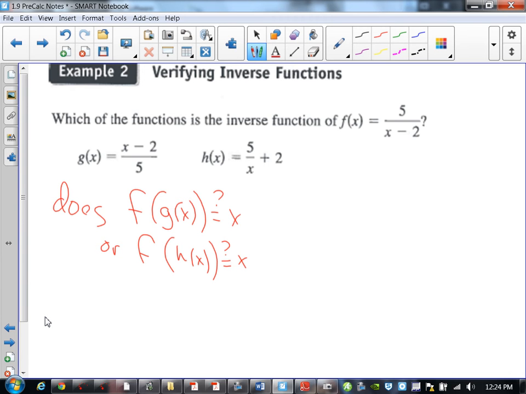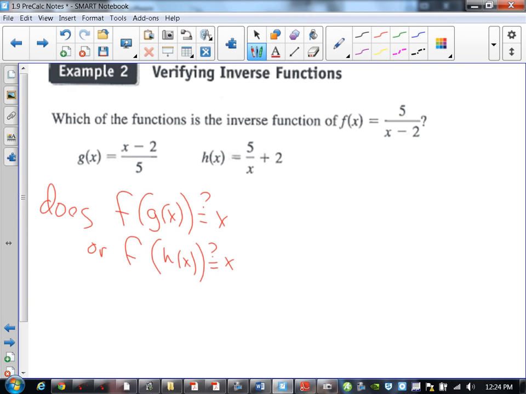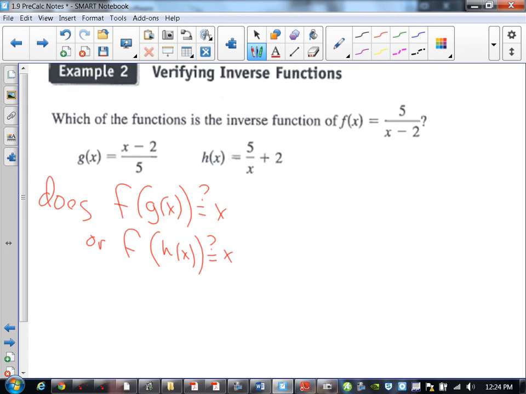When we're looking at it, remember how you work with these compositions. Write down the innermost part of it, and then surround it with the rest. If I start with the first one, I'm going to write down the g of x equation, which was x minus 2 over 5, and then I surround that with the f equation. So this is 5 over that minus 2, all over 5.